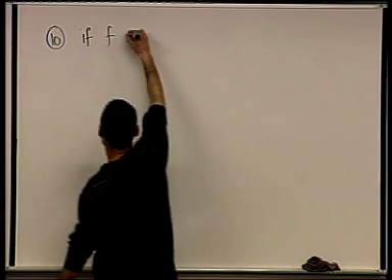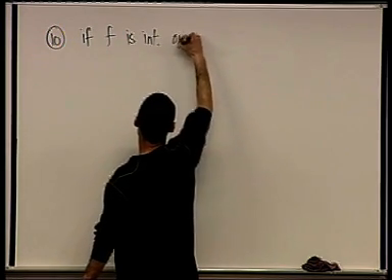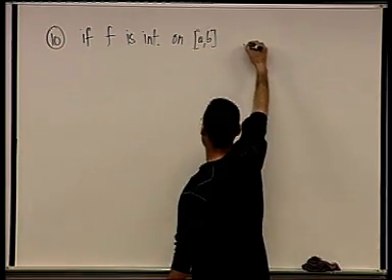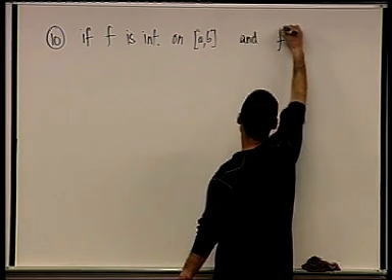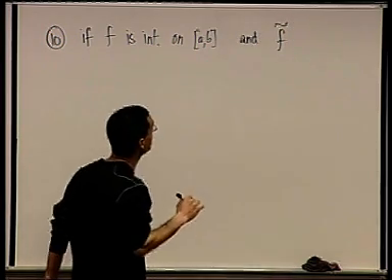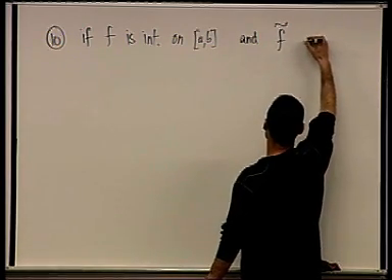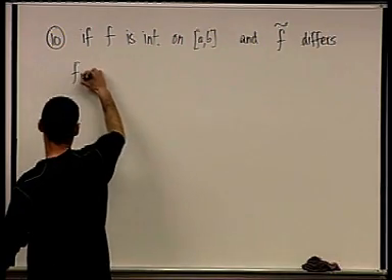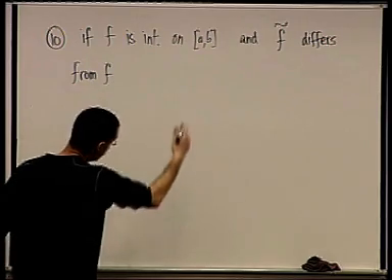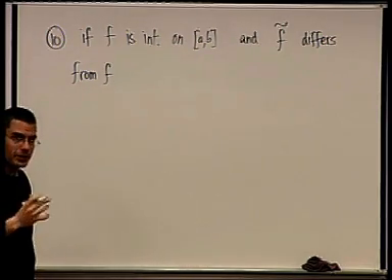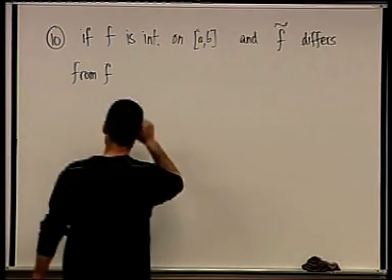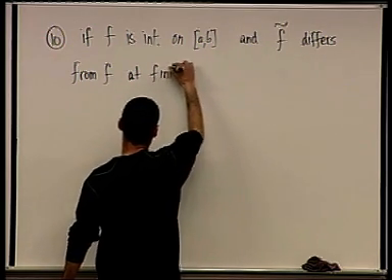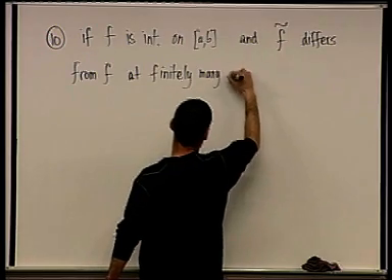If f is integrable on [a,b], and let me call it f tilde rather than g. F tilde is another function, which differs from f. So by saying I'm calling it f tilde, I'm saying, well, it's related to f. It differs from f at finitely many points.